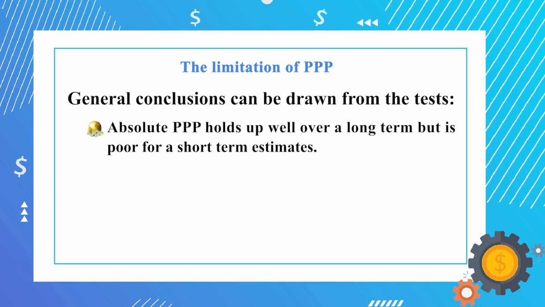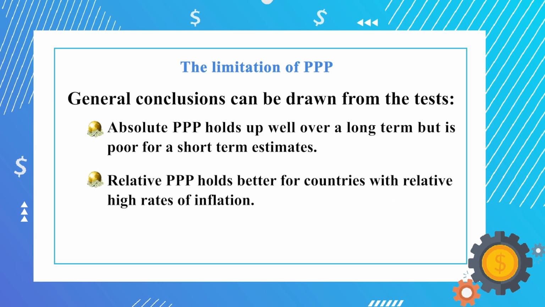Absolute PPP holds up well over the long term, but is poor for the short term, since PPP theory is a kind of market mechanism, and it takes time to adjust the prices and exchange rates.